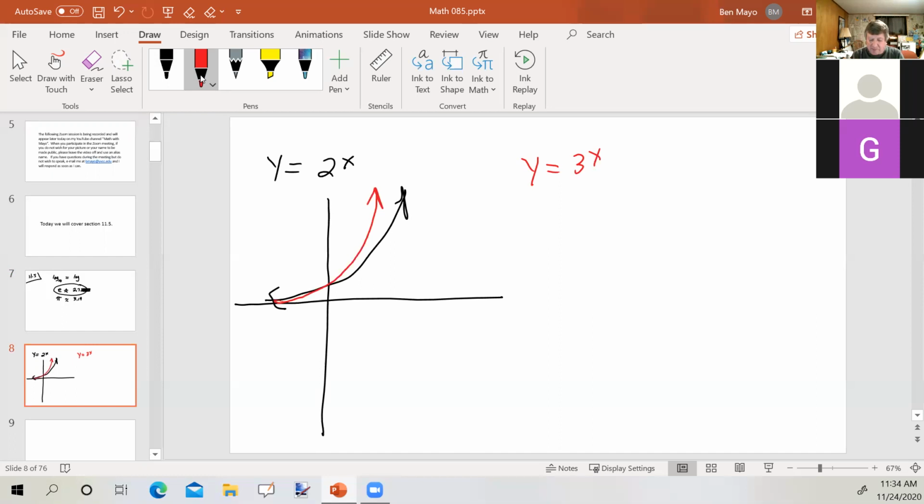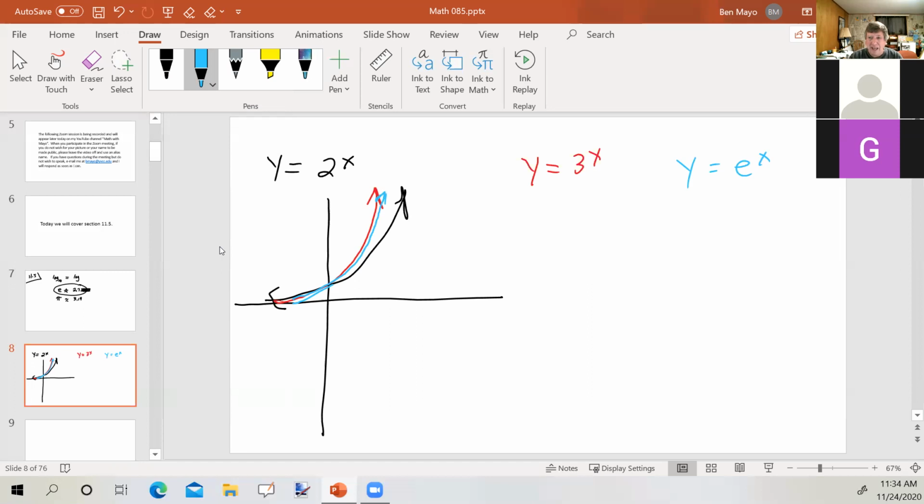In other words, it climbs steeper, faster. Now y equals e to the x, because e is approximately 2.7, would be right about here. So graphing y equals e to the x, again, e is just a number, approximately 2.7, would look very similar to y equals 3 to the x.